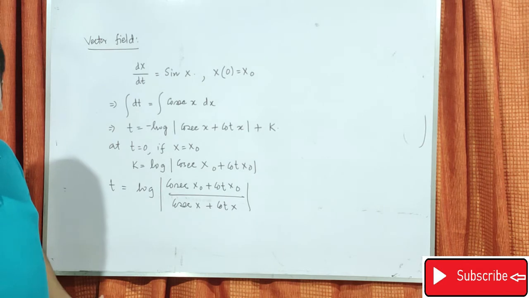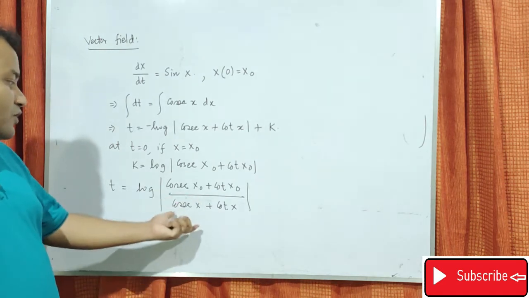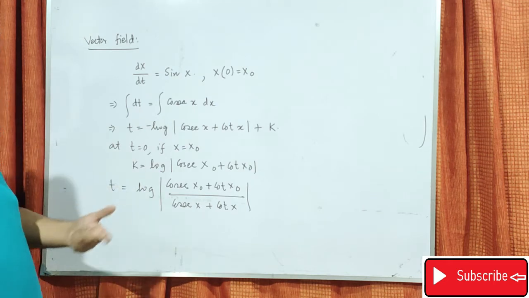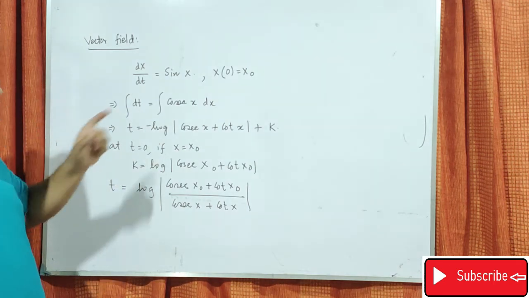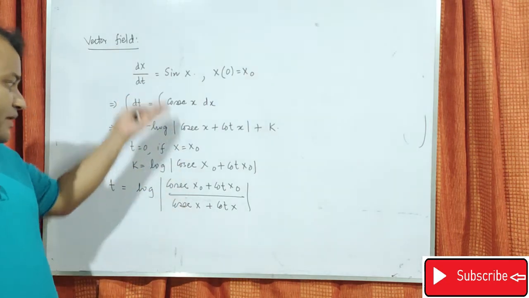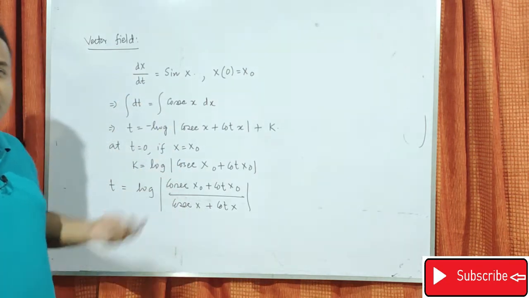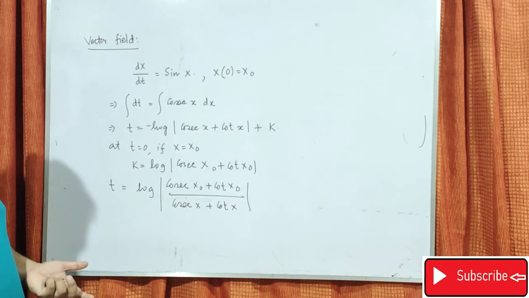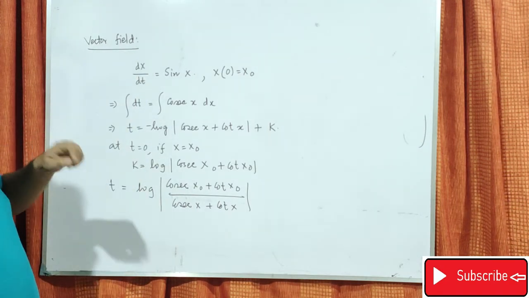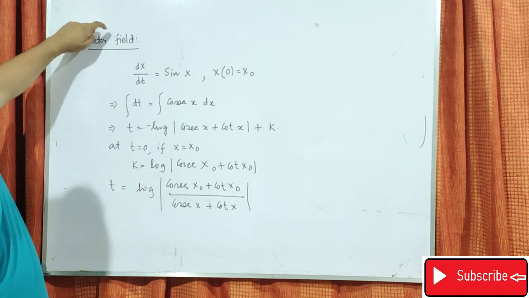The answer is no, because for every problem it is not possible to draw this kind of behavior. We may get the analytical solution, but geometrically it is sometimes next to impossible. So then we have to use another technique, which is called vector field.